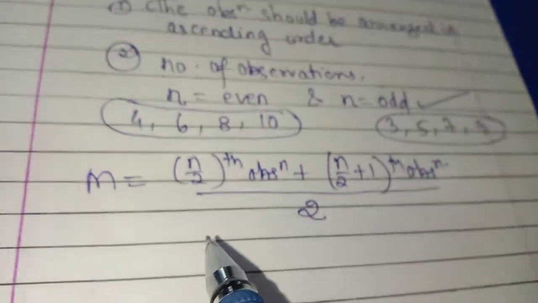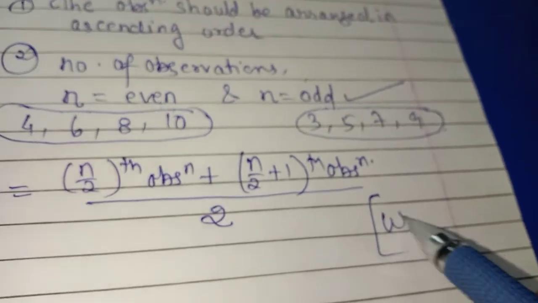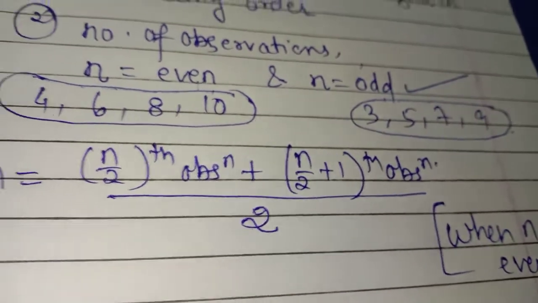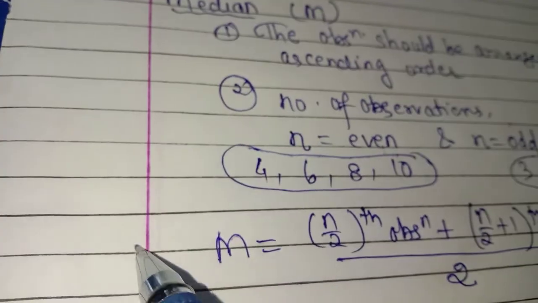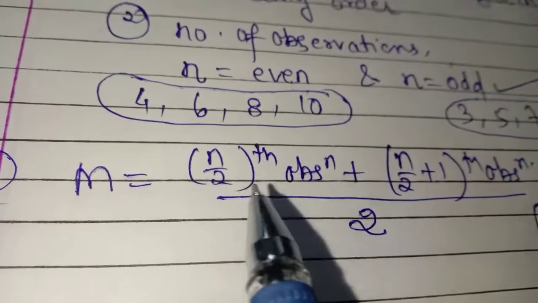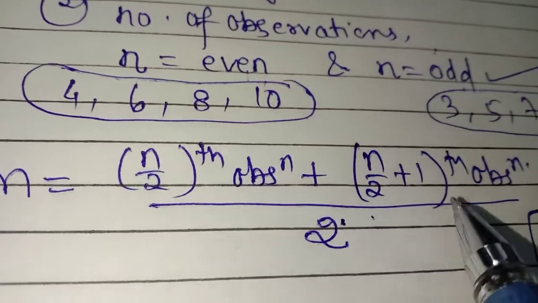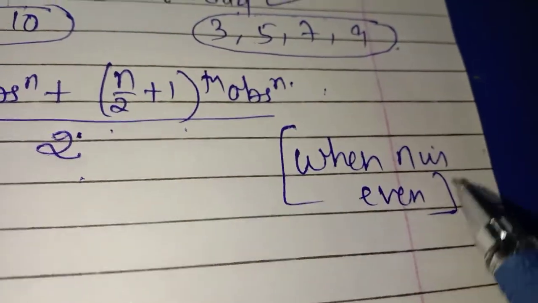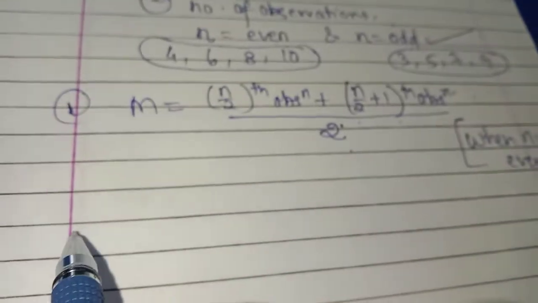This is what we use when n is even. So the first formula for median, when n is even, is the n by 2th observation plus the n by 2 plus 1th observation, whole divided by 2, when n is even.